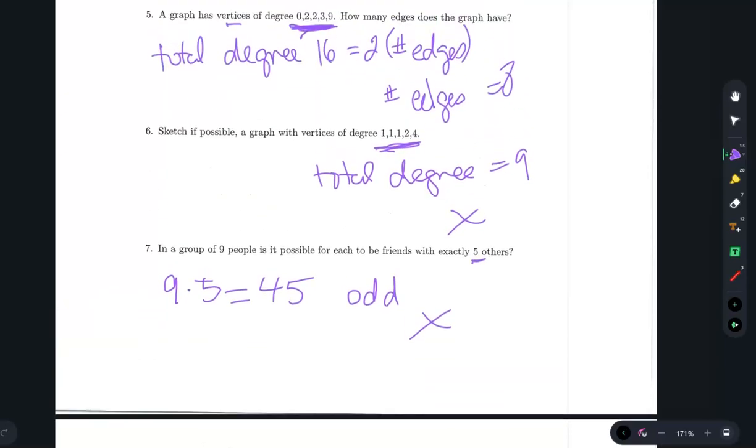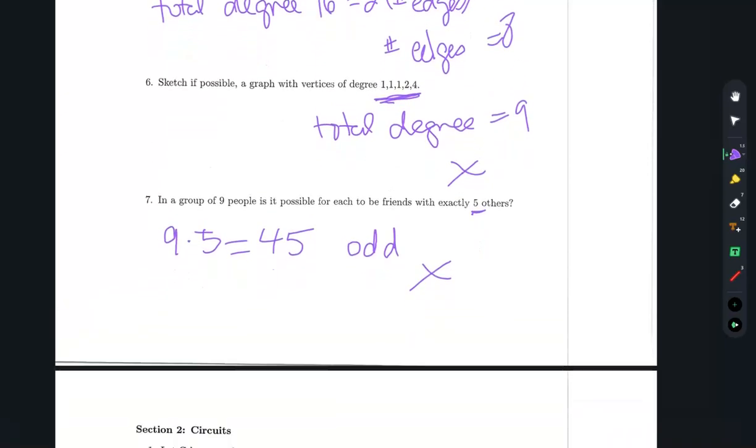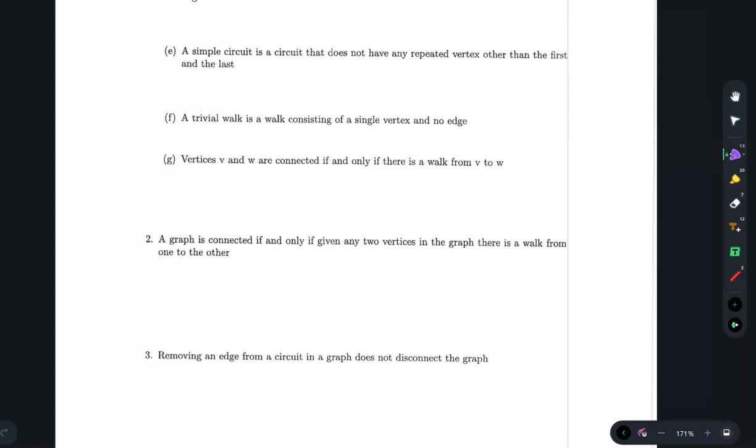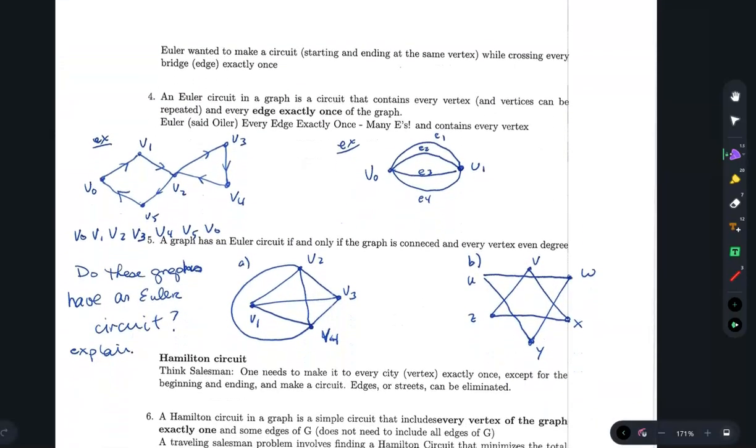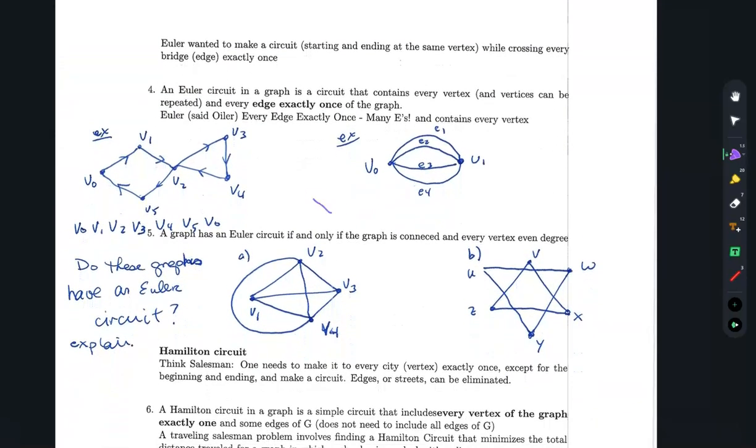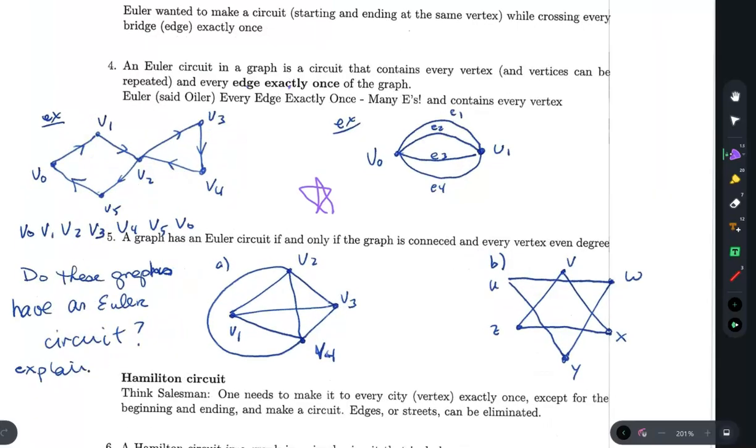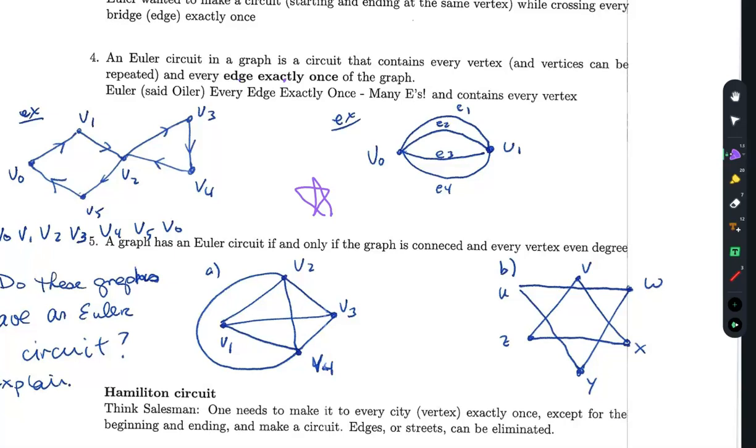Okay, so those were the missing problems from section 1. In section 2, I gave this one for you to do. So remember Euler, that's how you say his name, you get every edge exactly once, and you're allowed to duplicate vertices.